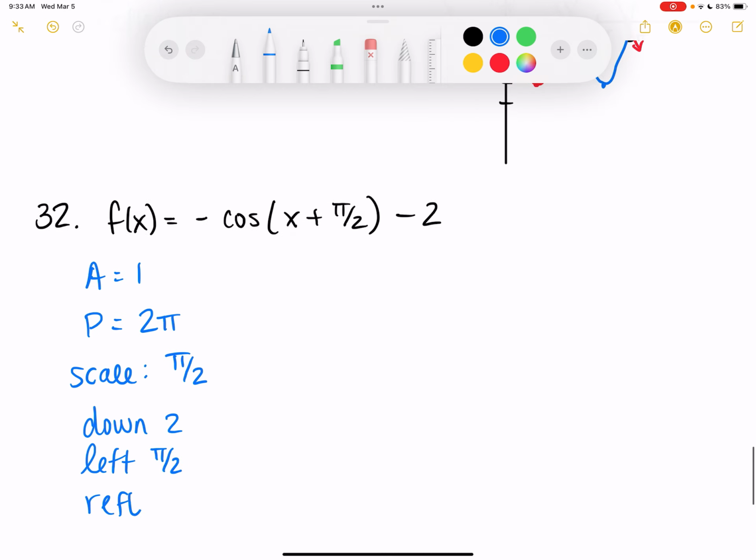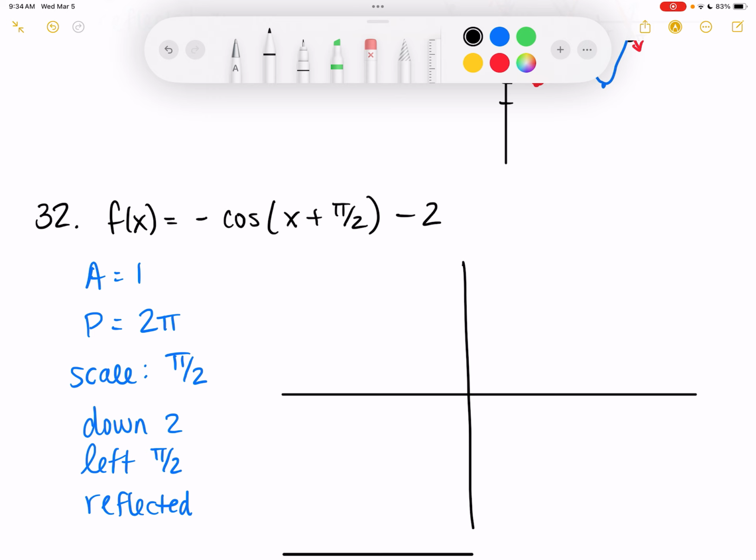All right, so I'm going to show you this one without graphing the parent initially. Well, I will graph the parent one so that we see it, but then I'm going to erase it and show you what it's going to look like if you just started with the reflected. So I'm going to set up my graph over here. I know it's going down 2, so I just have the amplitude of 1.